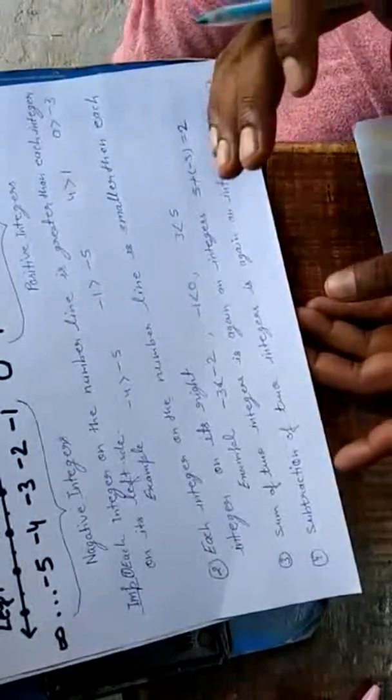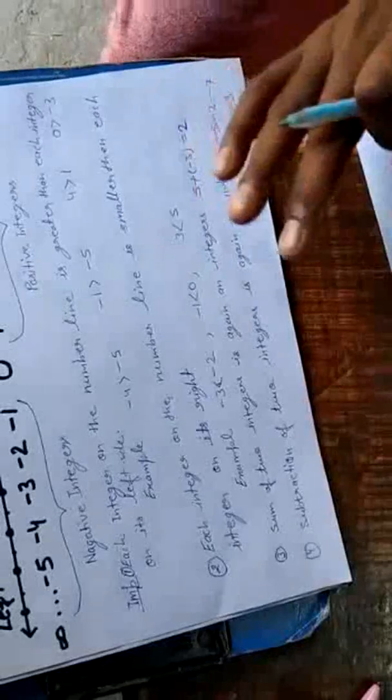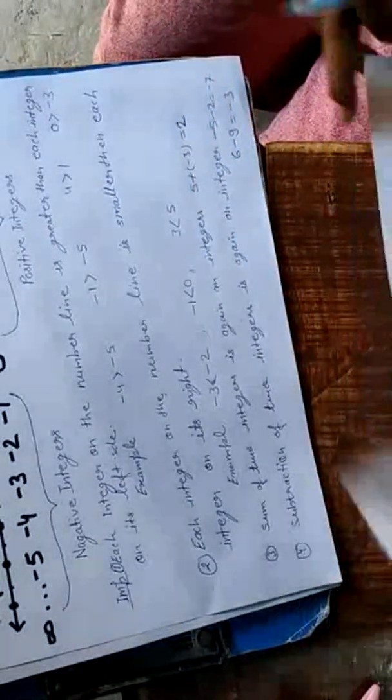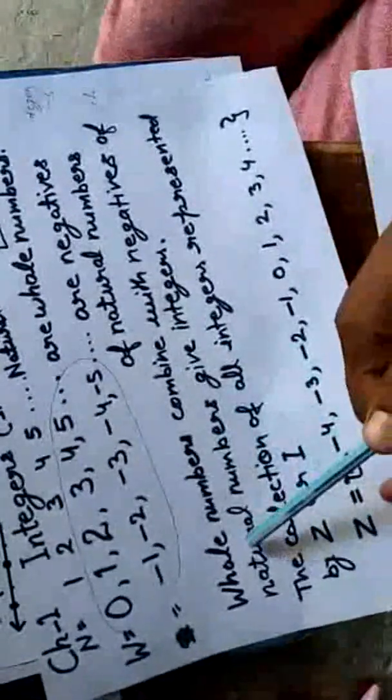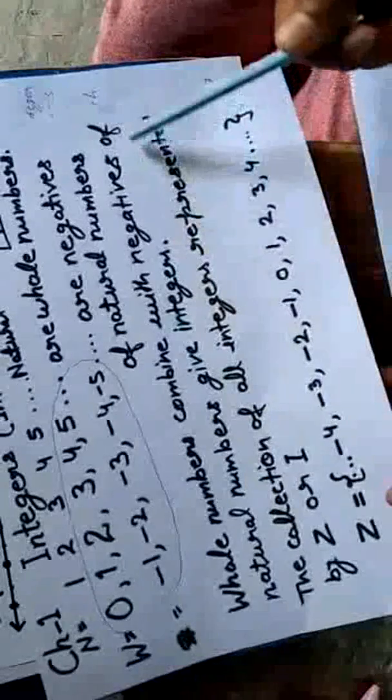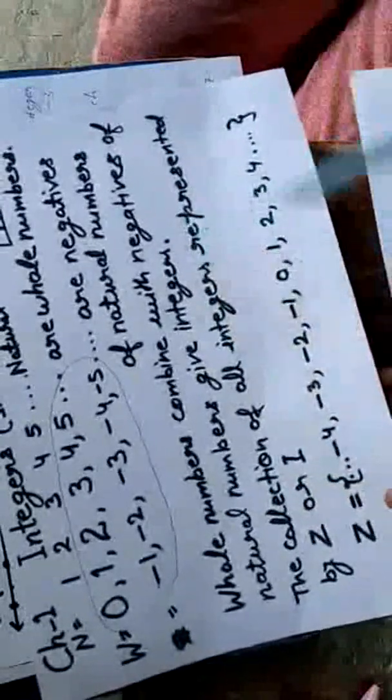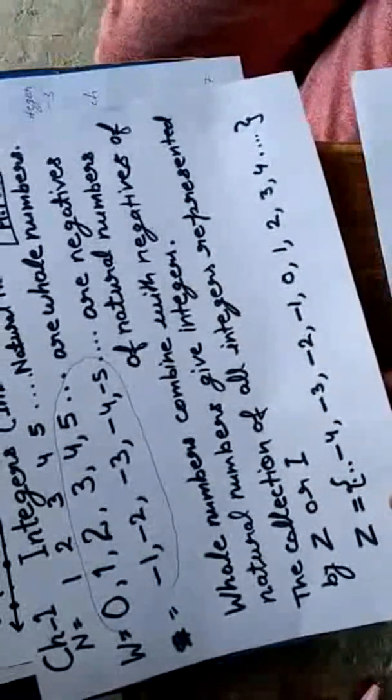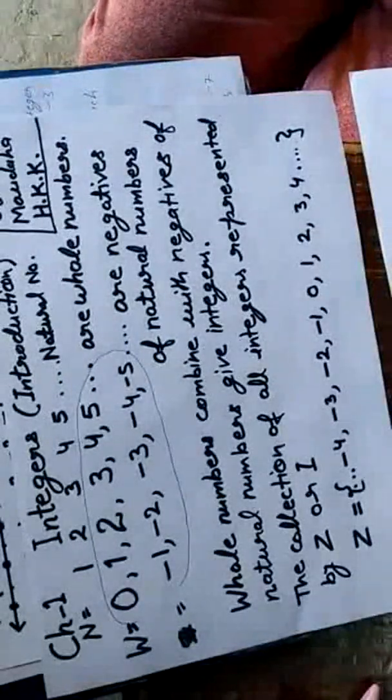In this topic, you have to learn the definition of integers: whole numbers combined with negatives of natural numbers give integers. And memorize all these numbers. Okay? Thank you.